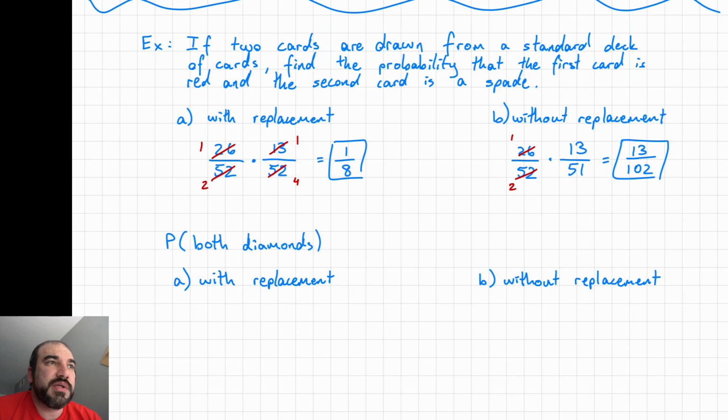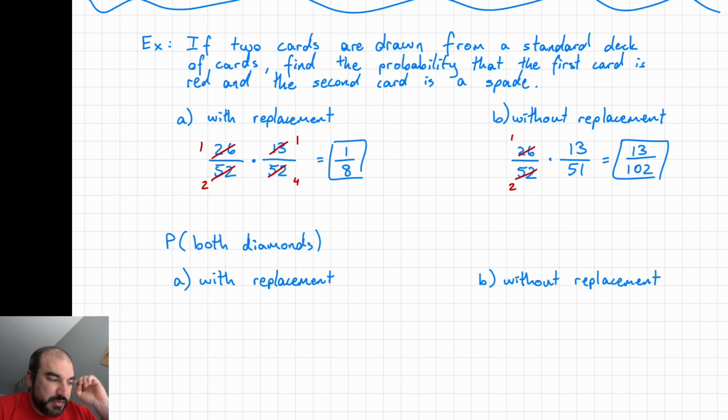I would reduce them. You guys get to use calculators, so you can plug it into your calculator, multiply the fractions, and then get the result as a fraction or a decimal. Either way is fine. If you're going to give a fraction as an answer, it should be a reduced fraction.